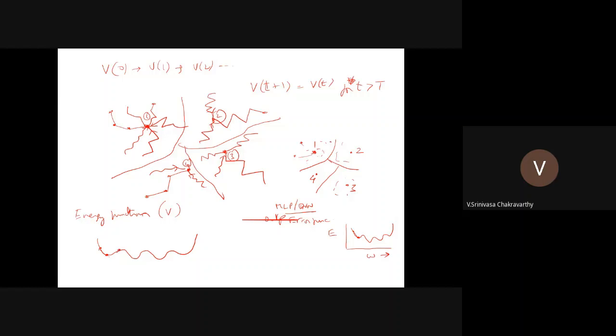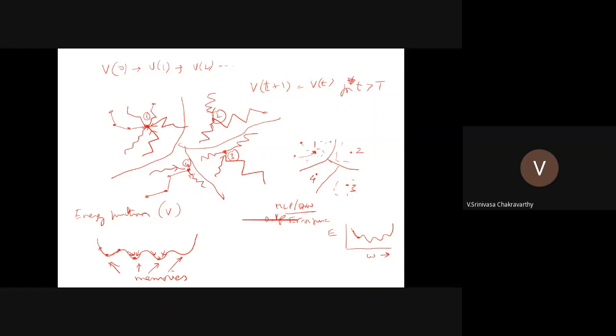And if you start from anywhere here, you'll land here. Similarly for other minima. Now these minima of the energy function act like memories. All these points act like memories.